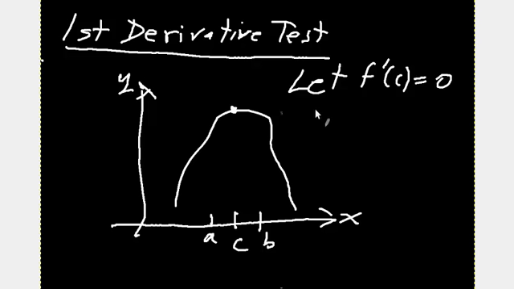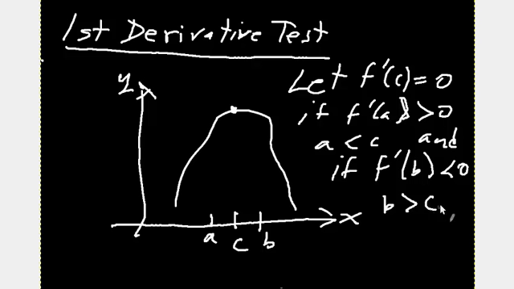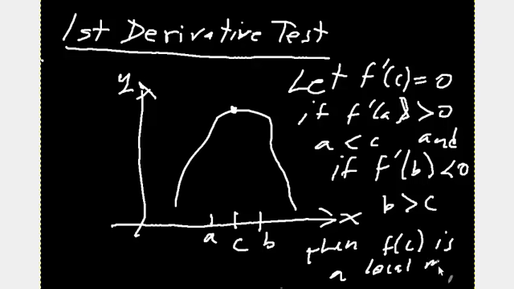What the first derivative test says in this situation is that if the first derivative at a is positive for some value a nearby c but less than it, and if the first derivative at b is negative for some value b greater than c but nearby, then we can say without a doubt that f of c is a local maximum.